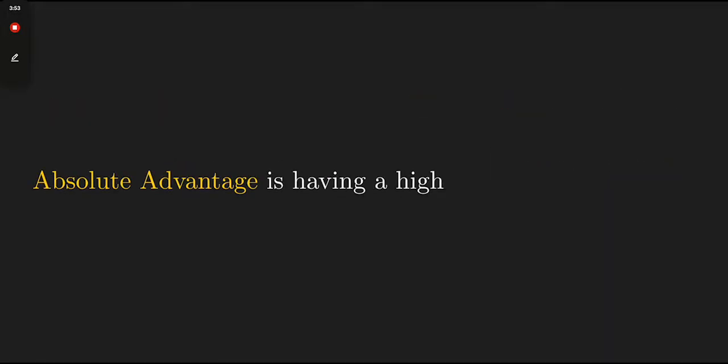All right. So we're going to use two definitions here to give us some additional leverage on thinking about this system. The first definition is what we call absolute advantage, which is having a higher productive capacity. You're more able to produce a given good.